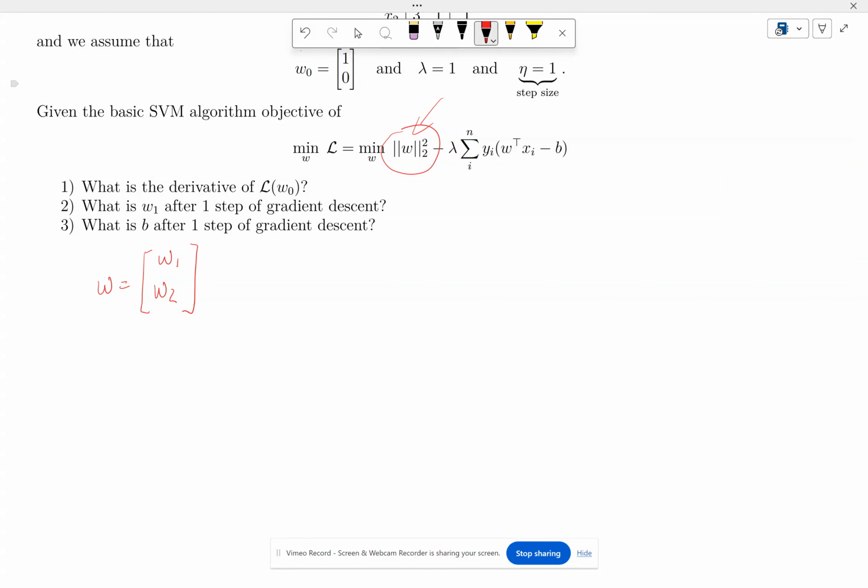Therefore, the norm of W would be the square root of W1 squared plus W2 squared, and this whole thing is squared. So the square and the square root cancel each other out, and what we have is W1 squared plus W2 squared.